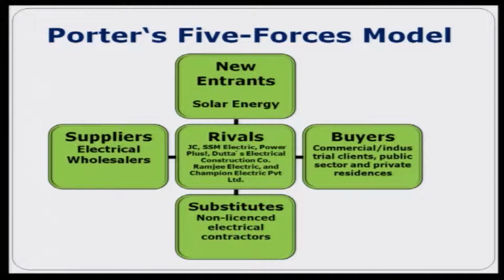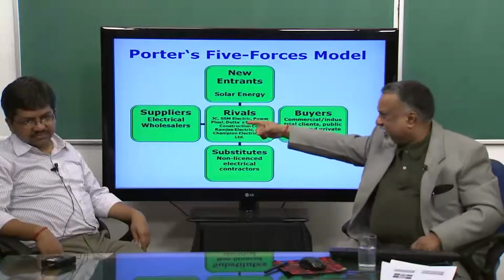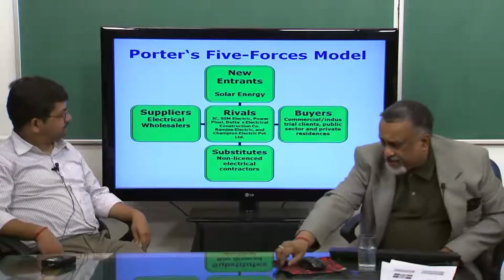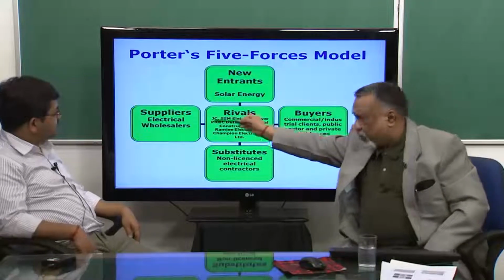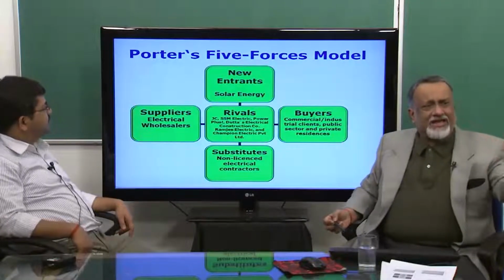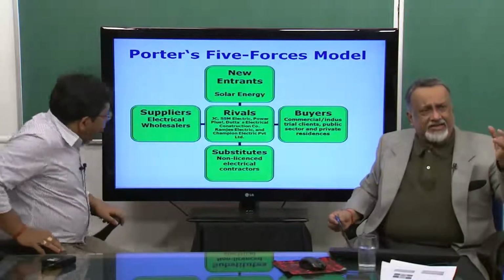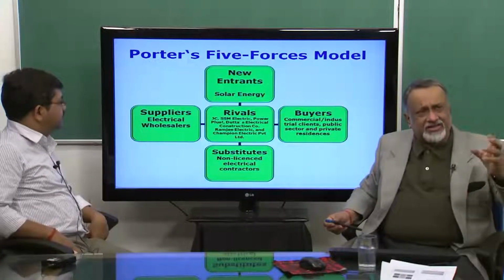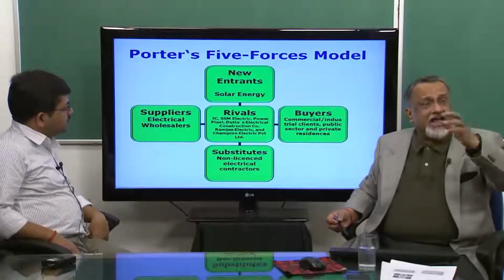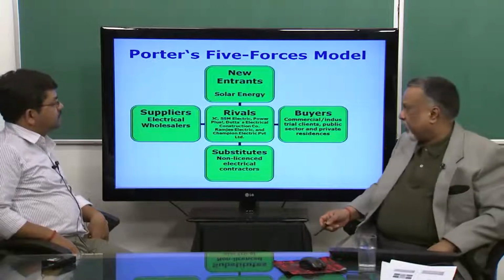Now, let us see how it actually operates. On the left hand side, as you see there, these are the electrical wholesalers who supply the contactors or switches or starters, or lights and fixtures and so on.